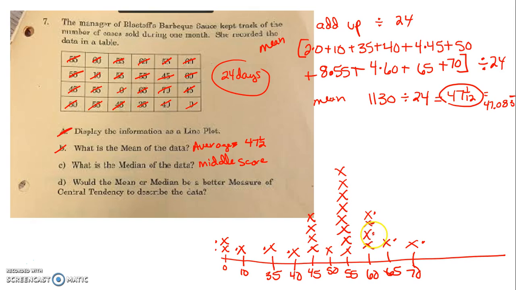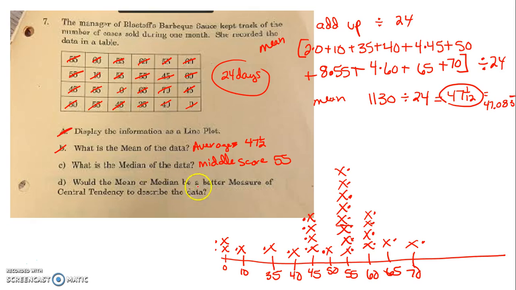I go to my 40, there's another 60, I go to my 45, down below, and there's another 60, there's my next 45, get rid of a 55, there's my next 45, get rid of a 55, there's my next 45, get rid of a 55, then I go to 50, up to 55, then down 55, up 55, down 55, up 55. Obviously 55 right here, I think right around there, was the middle: half the data was below, half the data was above. So the median score would be 55.